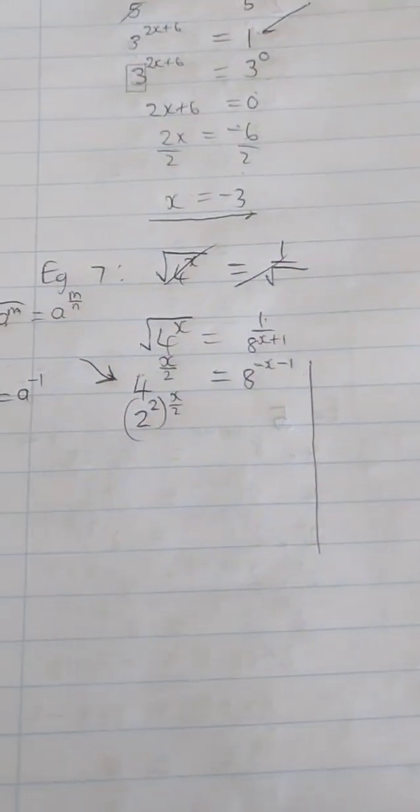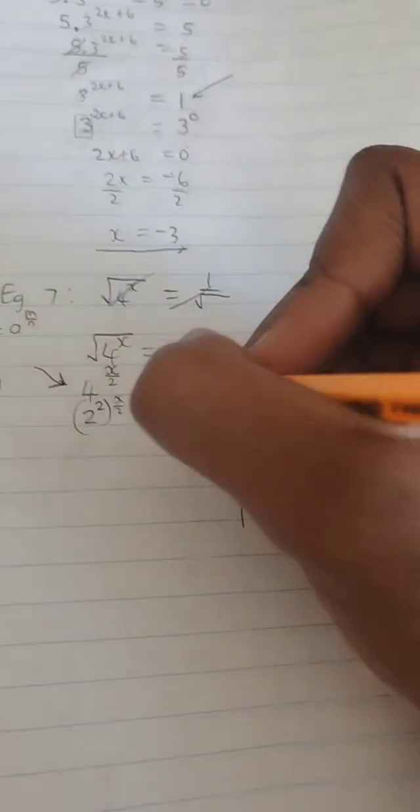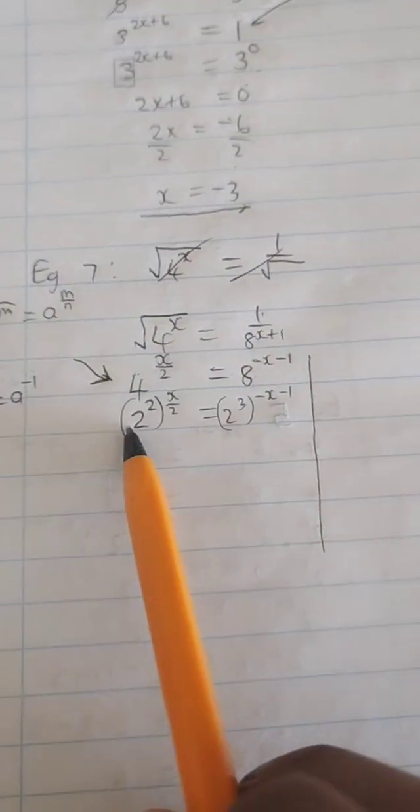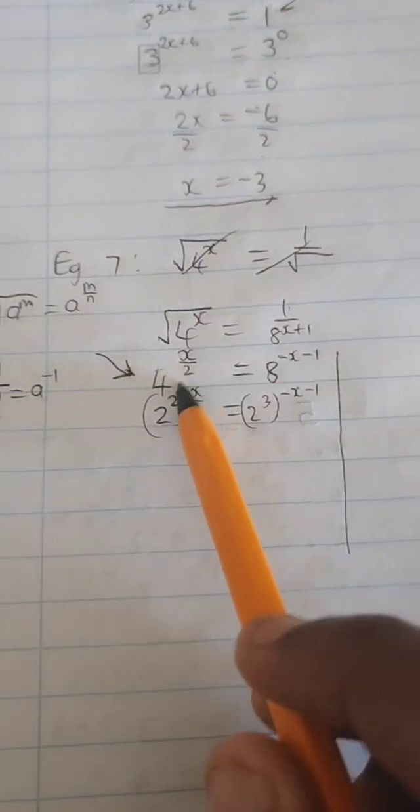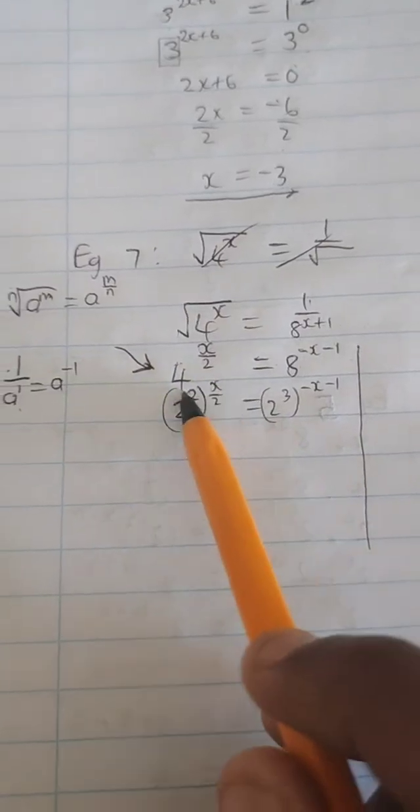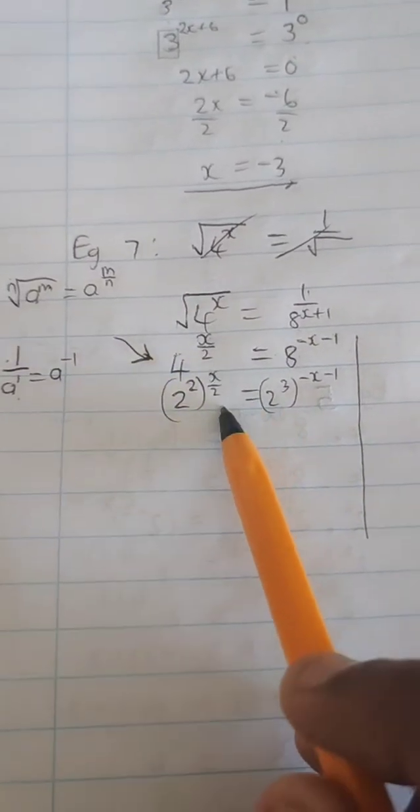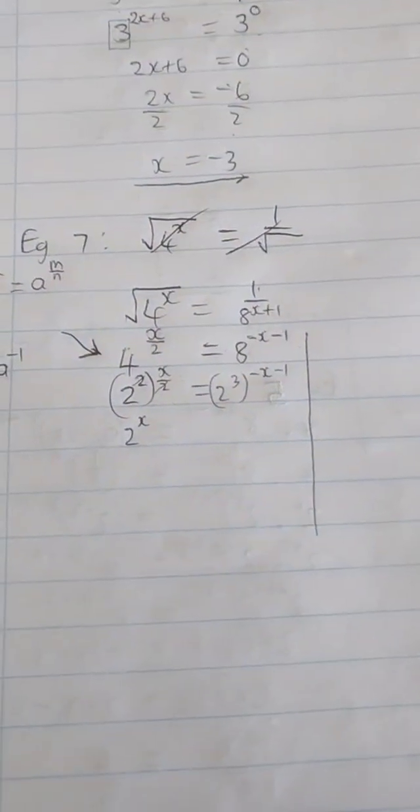Then we can change the 4 to become 2 to the power 2, raised to the power x over 2. The 8 becomes 2 to the power 3, raised to the power negative x minus 1. Now the bases are the same. We multiply the exponents: 2 times x over 2. That 2 and that 2 cancel because 2 divided by 2 is 1. We are left with 2 to the power x on the left.